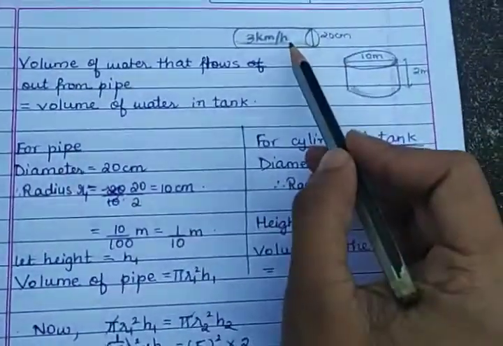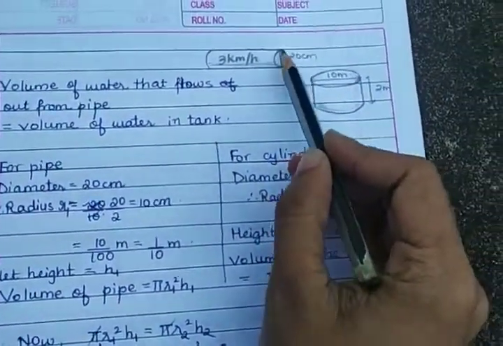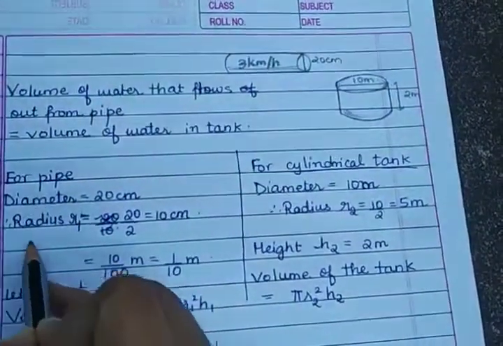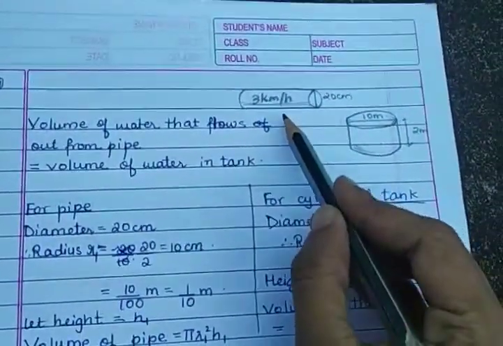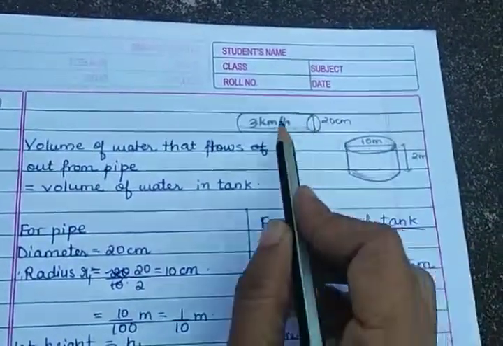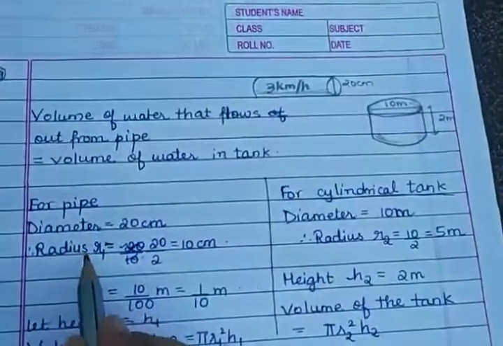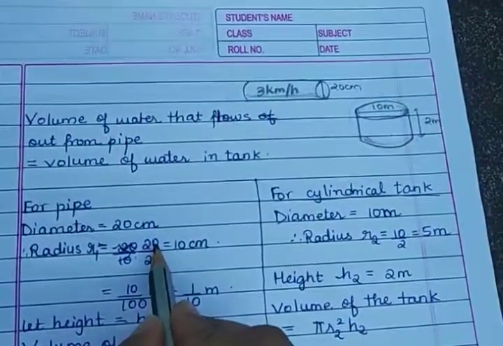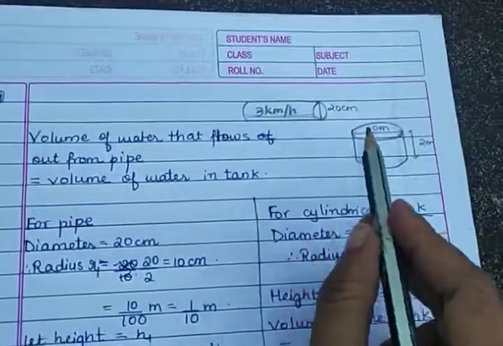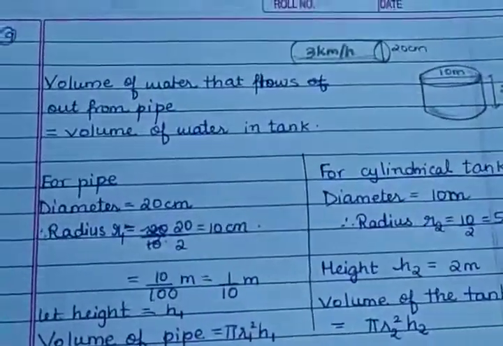Now let us take the pipe. Here the diameter is given to be 20 centimeters. So the radius, let us denote it by R1. You will require R1, H1 and R2, H2 because both have radius and height. So radius R1 is equal to 20 upon 2, which is 10 centimeters. Since all the quantities are in meters, let us convert this to meters.